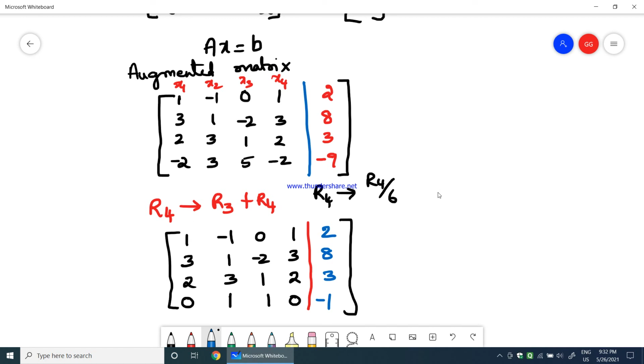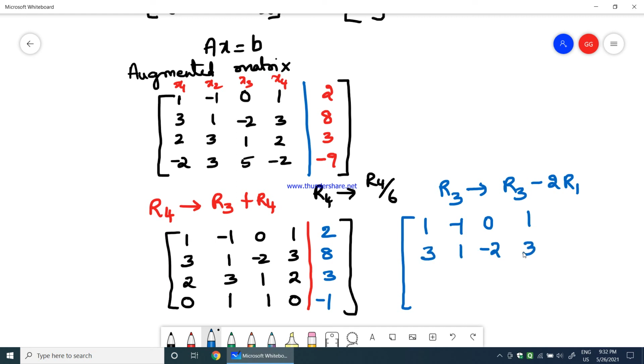The next operation I'll do is I'll take row 3 to be equal to row 3 minus 2 times row 1. So what will I get? So I'll put 1 minus 1 0 1, 3 1 minus 2 3. Okay, so 2 minus 2 into 1 is 0. 3 minus of 2 into minus 1, so 3 plus 2, which is 5.